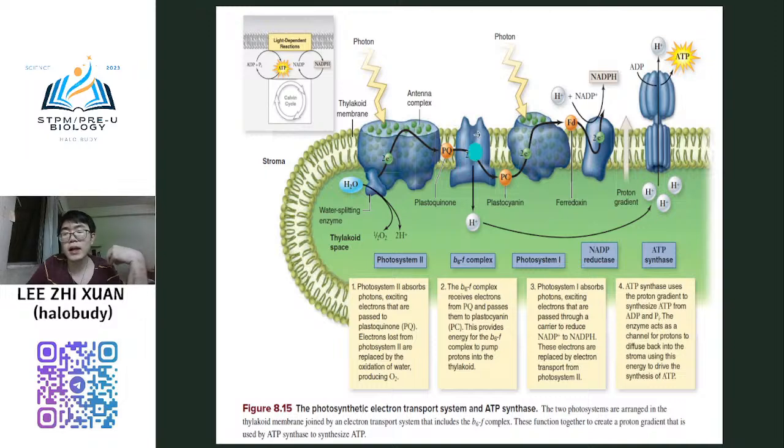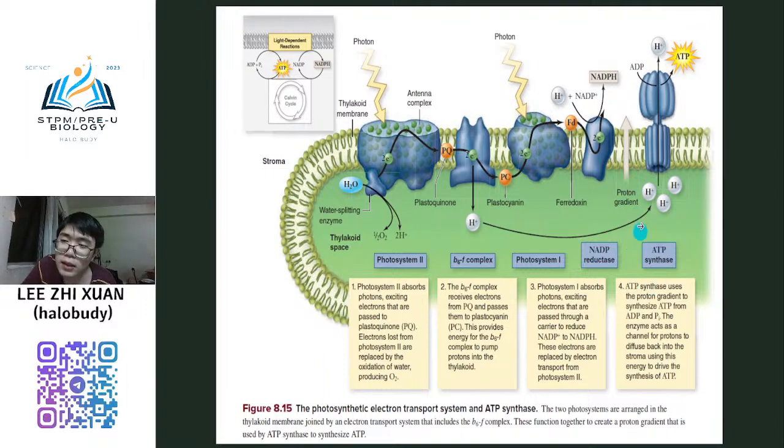It receives the energy and then the hydrogen ions are pumped into the thylakoid membrane, same as in the mitochondria, where they are pumped to the intermembrane space. And when they are pumped in, it already creates the proton motive force, or we call it the proton electrochemical gradient. So already the proton gradient is created here.